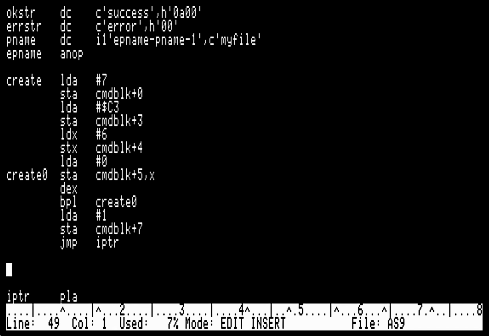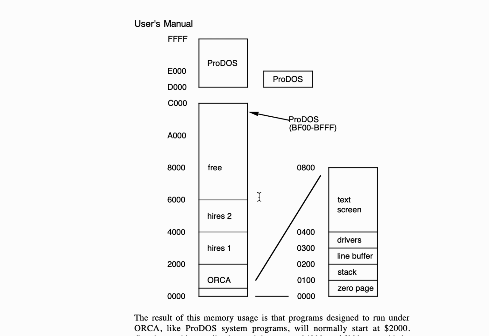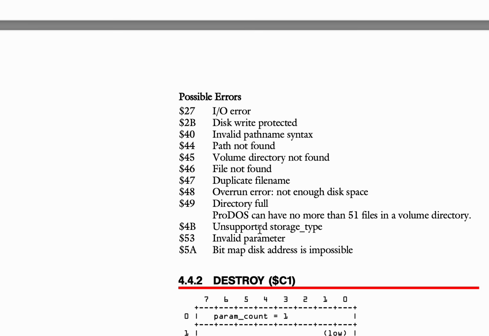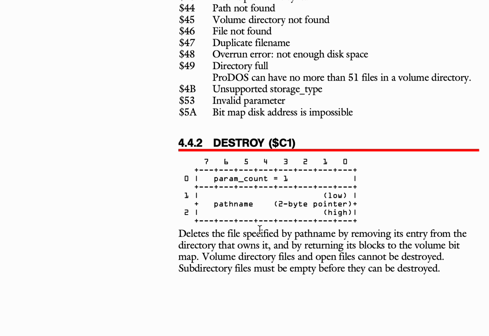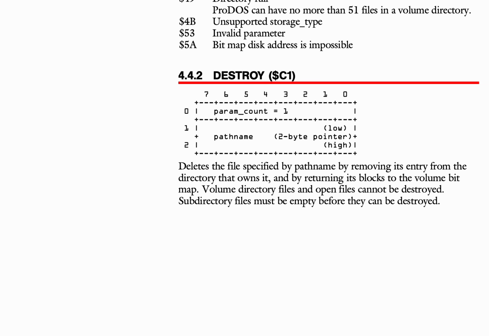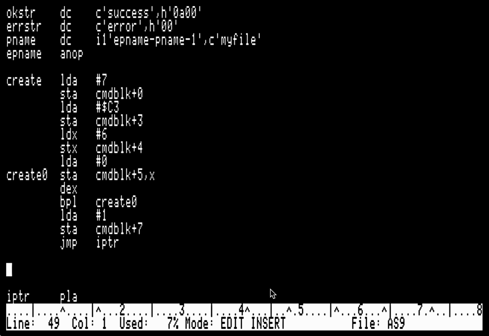And the first is to delete a file, which ProDOS calls destroy, but in Unix it's called unlink. I'll just call it unlink here for no good reason.